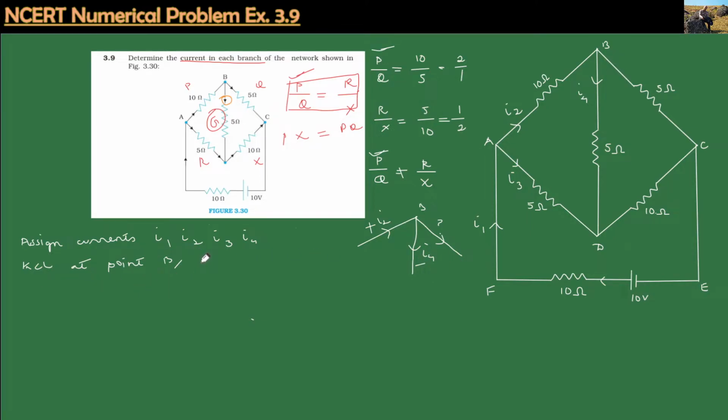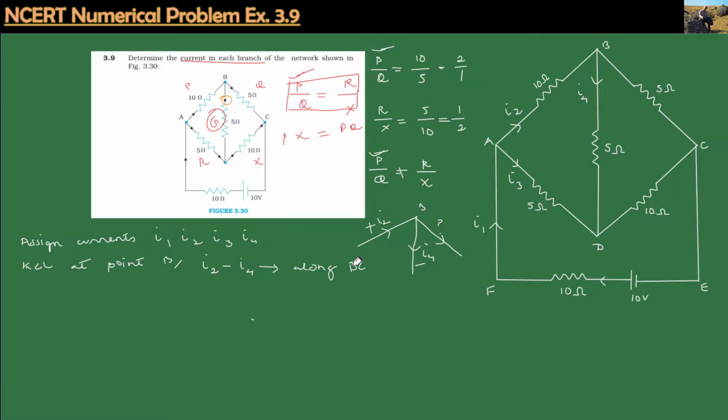So the current I2 minus I4 will be the current which will move along the branch BC. Okay, so that is the first point.